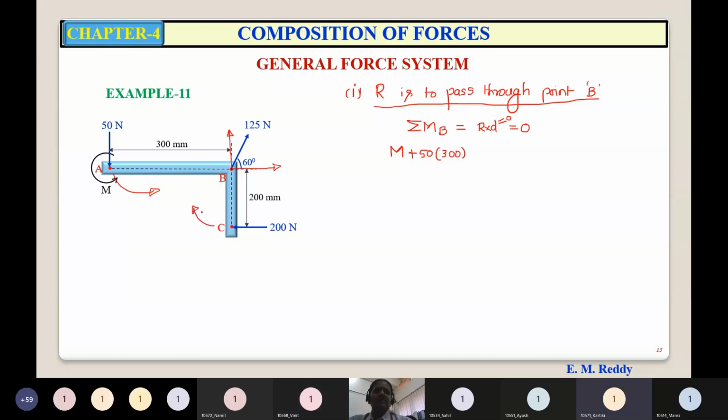Sense is clockwise, so minus 200 into 200. This is equal to 0. So you will get the value of couple as 25,000 Newton millimeter. That means 25 Newton meter anti-clockwise.